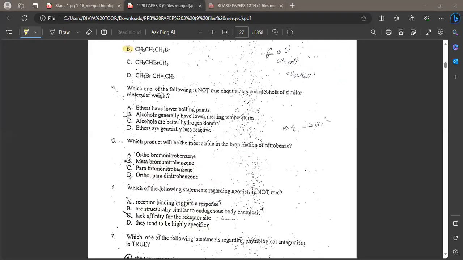Okay, so which of the following is not true about ethers and alcohols of similar weight? Actually, ethers, sorry. A: Ethers have a lower boiling point. B: Alcohols generally have a lower melting temperature. C: Alcohols are better hydrogen donors. D: Ethers are generally less reactive.